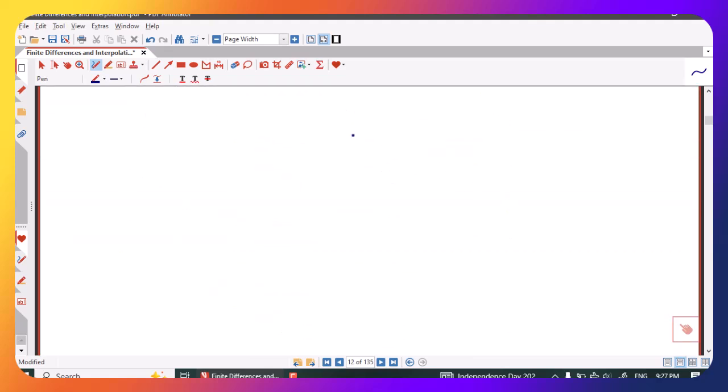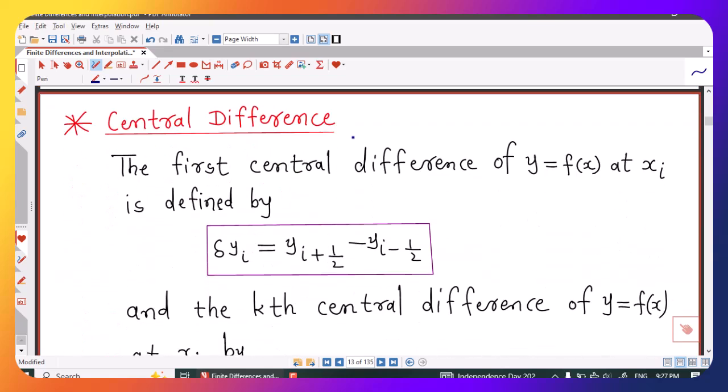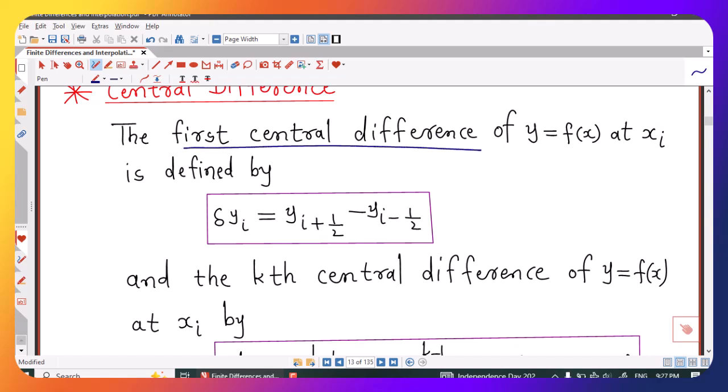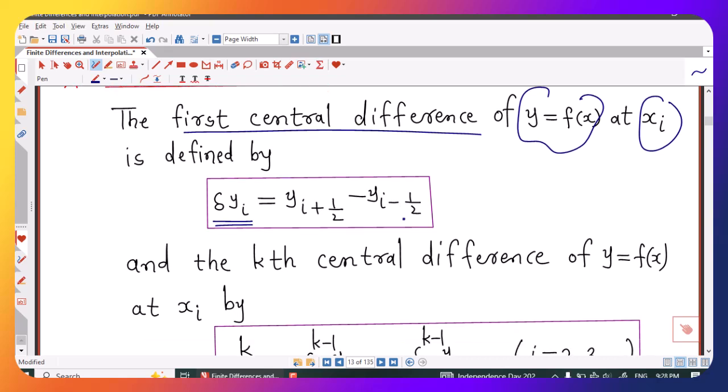So this is about the central difference. They can ask you to write down the definition of central difference. You can write that the first central difference of function y equal to fx at point xi is denoted by delta yi and is given by delta yi equal to y at i plus 1 by 2 minus y at i minus 1 by 2. And this is first order central difference.